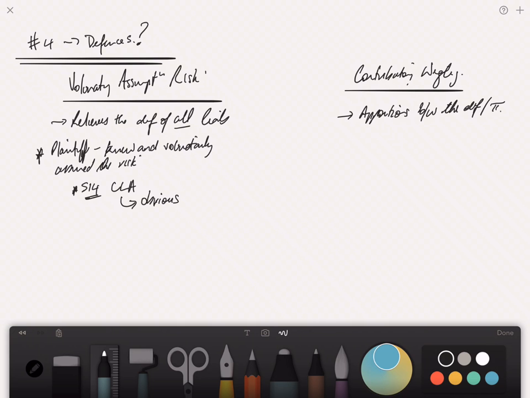In contrast to voluntary assumption of risk, contributory negligence doesn't relieve the defendant of all liability. It apportions the liability between the defendant and the plaintiff. We remember from our case of Manley and Alexander that it arises at common law, so common law supports the concept that the plaintiff contributed themselves to the harm through their own negligence.